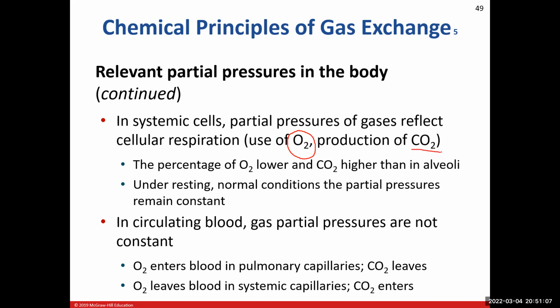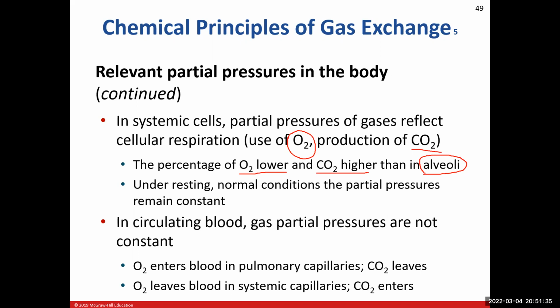So when we're in the systemic cells, we are going to have a relatively low amount of oxygen, but we are going to have a relatively high amount of carbon dioxide in the systemic cells when we compare those two respiratory gases to their content in the alveoli.